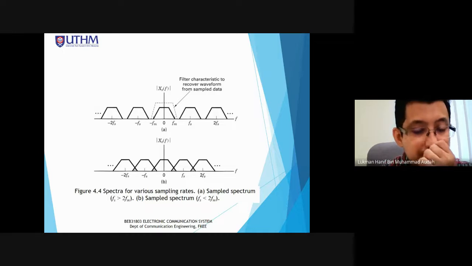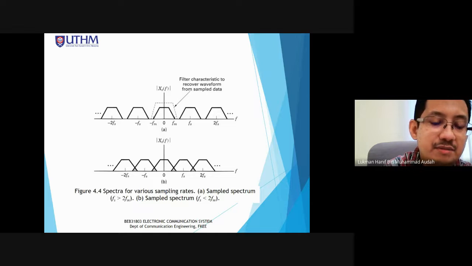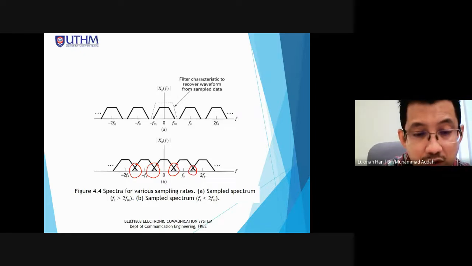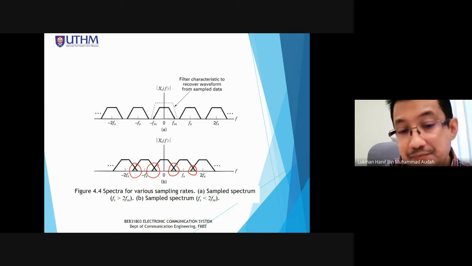Tetapi kalau kita sample less than 2 FM, what happens is that there's going to be overlapping of the adjacent samples. Akan berlakulah pertindihan seperti ini. This is what we call aliasing. Kalau kita sampel kurang daripada 2 FM.